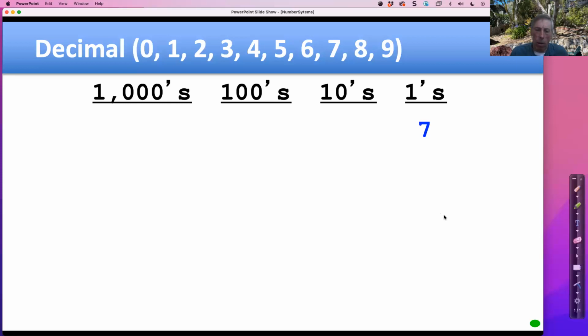Now, if I have a 7 all by itself, we assume that it is in the least significant, the rightmost position. So that's just 7 ones. Now, if I meant 7 tens, I'd put a 7 followed by a 0. This 0 means that this position is the number of ones, and this 7 in the second position is the number of tens.